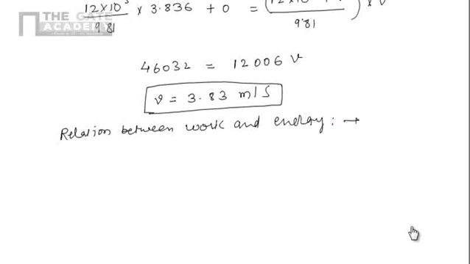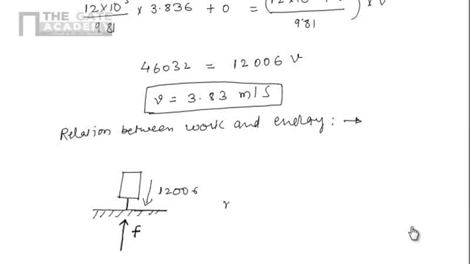Before writing the relation between work and energy, I am drawing the system, that is the hammer, and suppose it's a pile, and this is the ground. The ground will show resistance against penetration. So this resistance force F will act in the upward direction, and the combined weight, 12006, will act vertically downward.